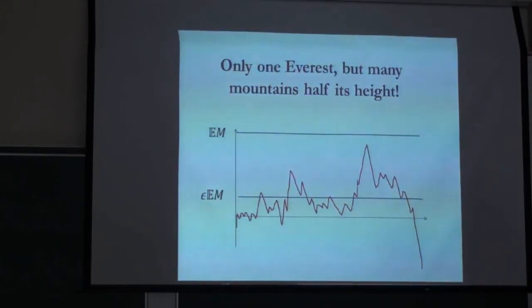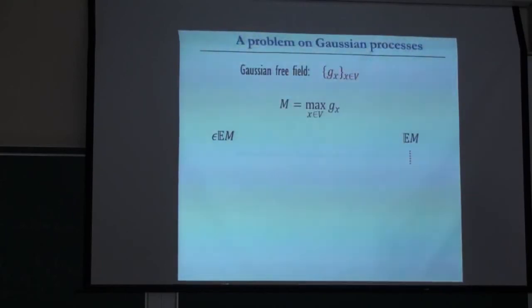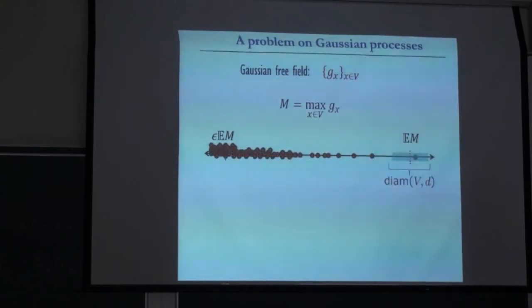In view of the time, I'm not going to go into the details, but we had to use electrical network theory. And one crucial thing is, if you look at the maximum of a Gaussian process, then the known concentration inequalities tell you that one of the Gaussian variables is close to the maximum, but this is not close enough for us.